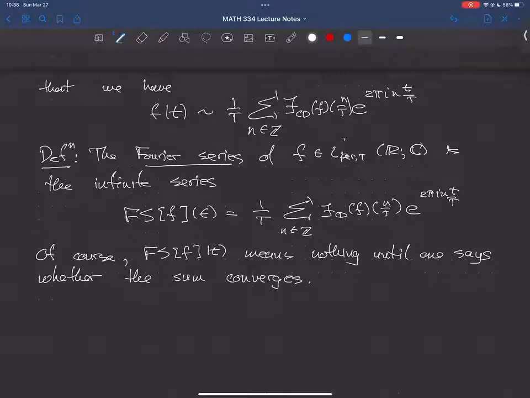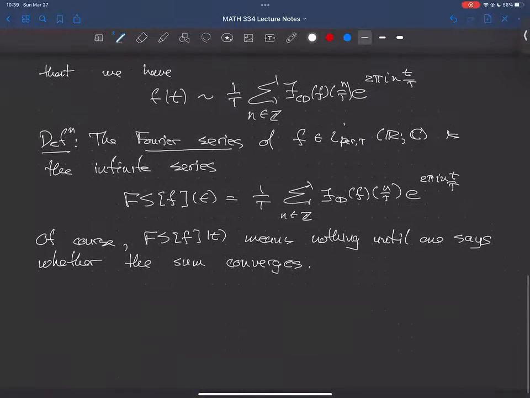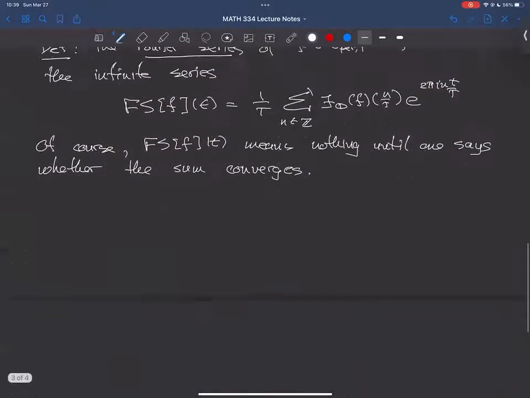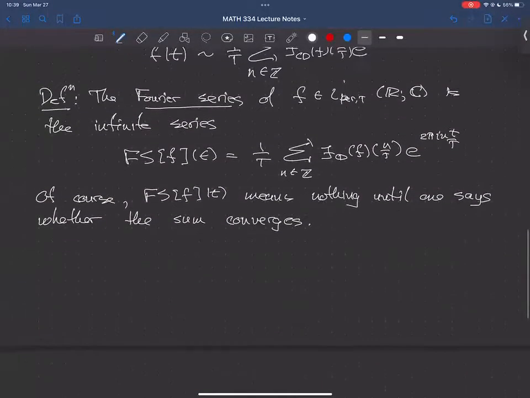So what we're going to spend the next few lectures talking about is exactly the convergence of the Fourier series. So the first thing we're going to do is discuss, not give any proofs because this tends to get a bit involved, but discuss the fact that the series just doesn't converge.